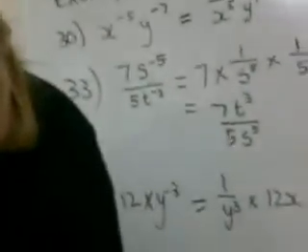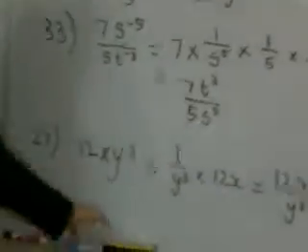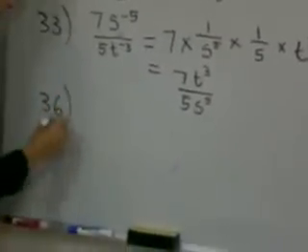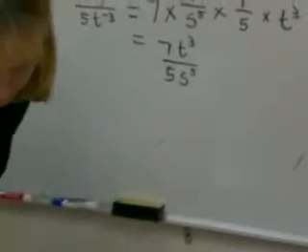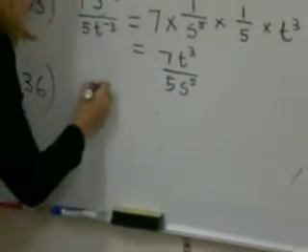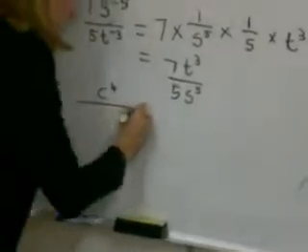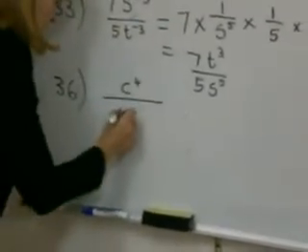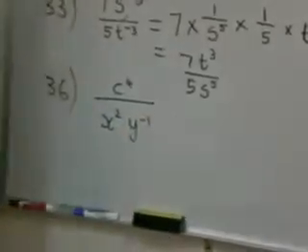Okay, and we're going to do one last example in this little movie. We are going to just look at number 36 on the same page. Number 36 says the following: 4c to the power of 4 divided by x to the 2 y to the minus 1.